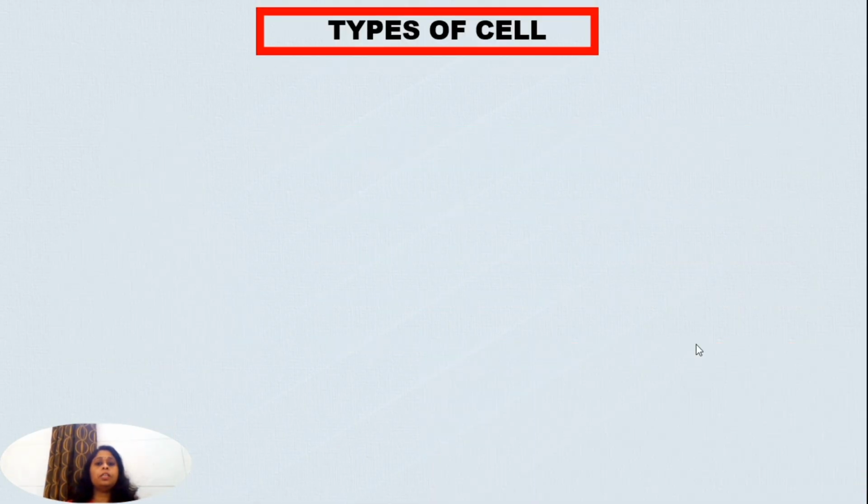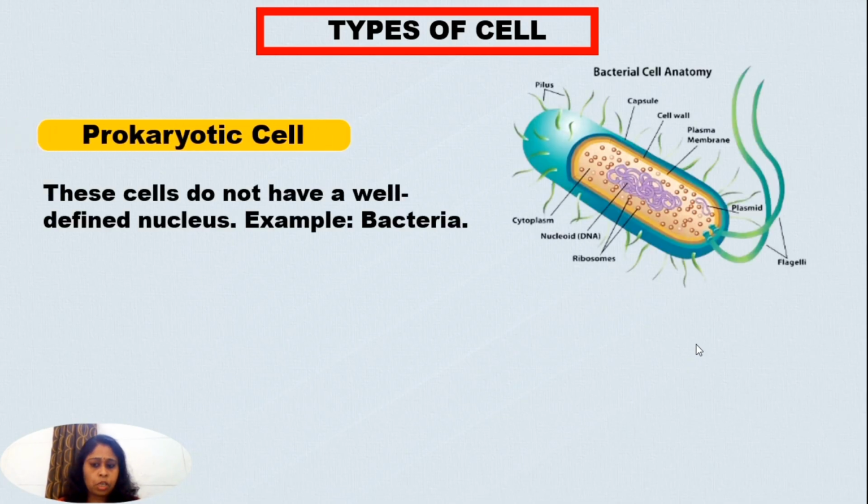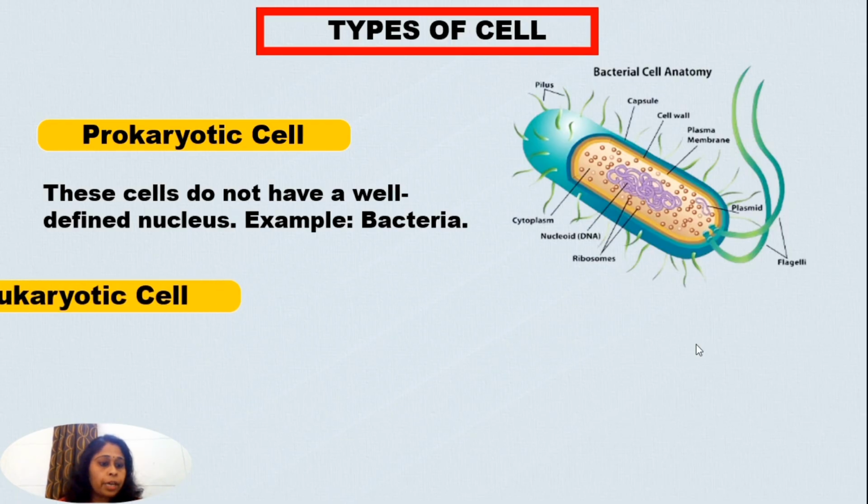Clear? Now, based on the cellular structure, cells are classified into two types. First one is the prokaryotic cell. Now, what is a prokaryotic cell? Prokaryotic cells don't have a well-defined nucleus, for example bacteria and archaebacteria. Next one is the eukaryotic cell.